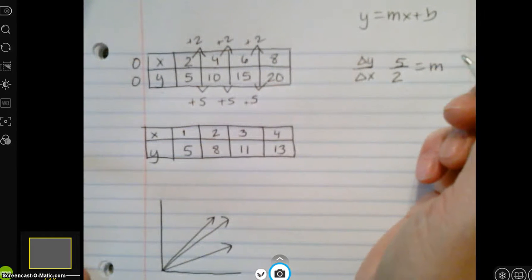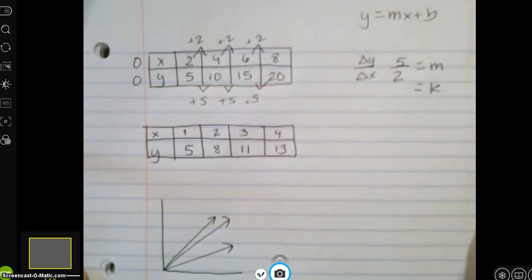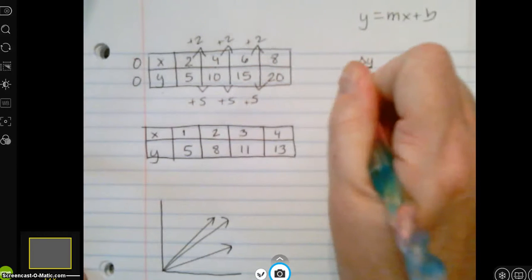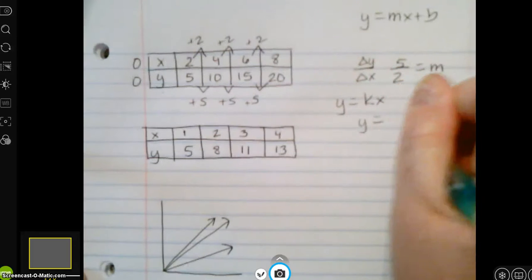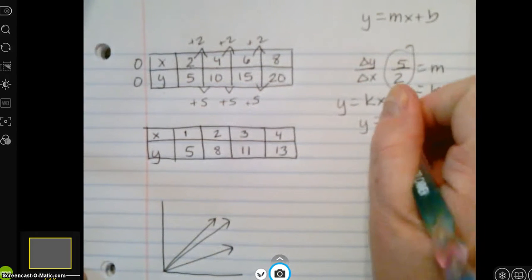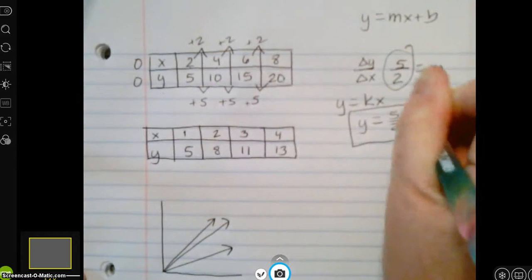So guess what? This is proportional. This is also k. So really, instead of using this equation, we use y equals kx. So k, in this case, is 5 over 2. So all we do is we put 5 over 2, x. That is my equation. I know it's proportional.